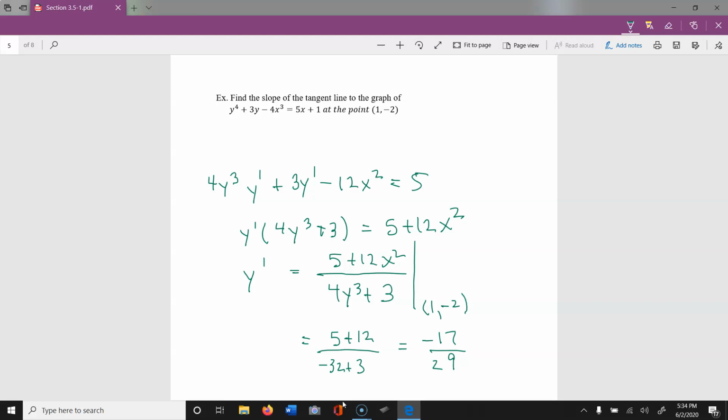Okay, so that's the derivative at the point 1, negative 2. And then all that's left to do is what? That's all I want to do, right, was find the slope. Okay, I mean, you could build the equation of the tangent line if you wanted to, but in this example, we just had to find the slope, and there it is. Okay, make sense? Not too bad, huh?